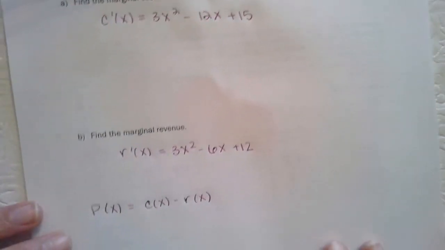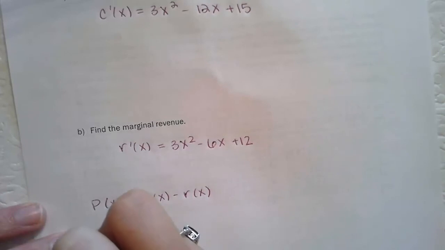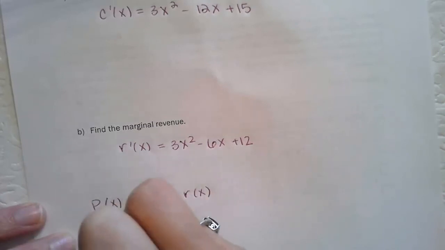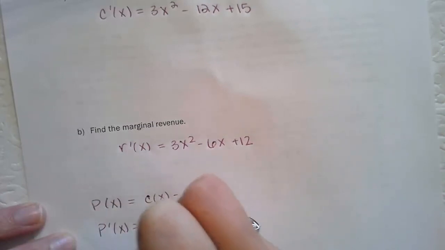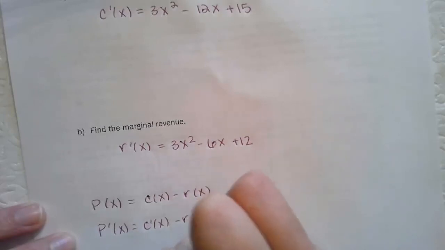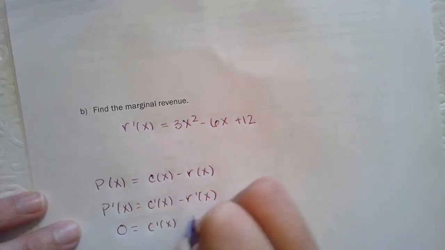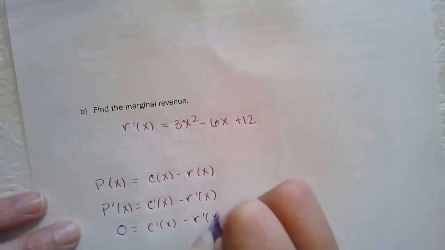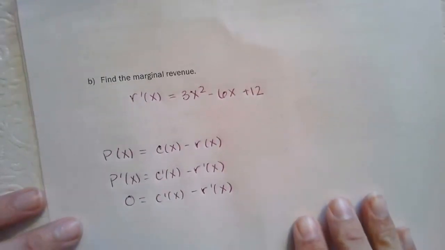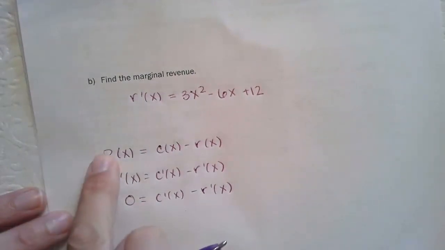It really doesn't matter. So the derivative of that is here. And then if you think about maximizing that, our maximum profit would occur when our derivative is 0. So that would give me the max.